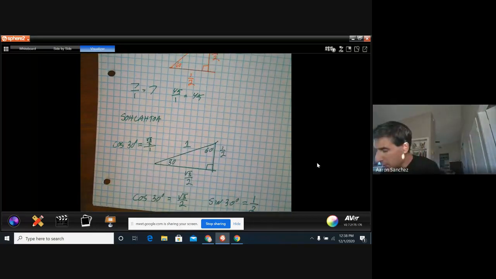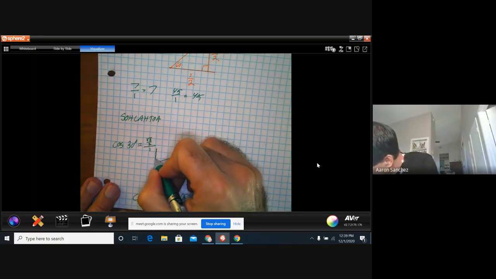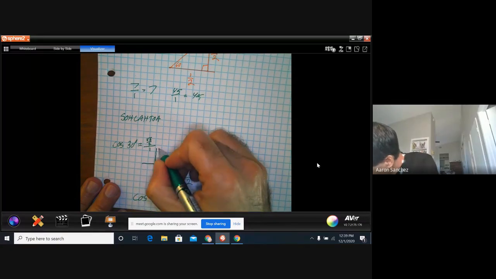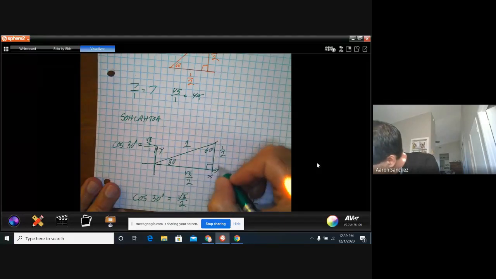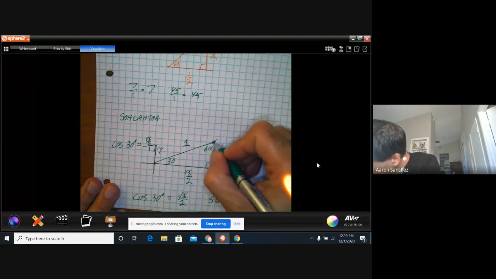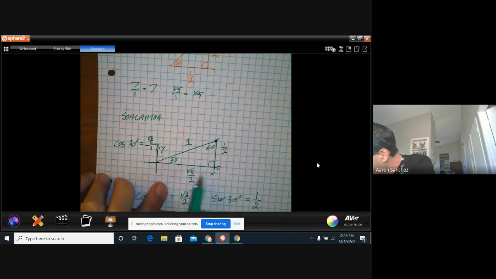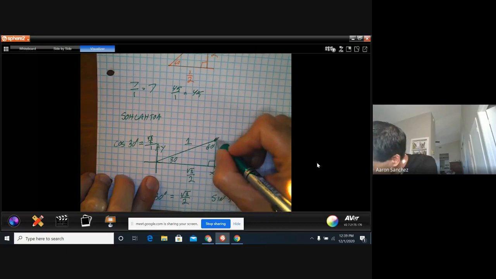Okay? So that's a key thing we have to know. The other thing is this. Imagine if this was a coordinate plane. This is y. This is x. Imagine this was an xy plane, and I go this far, root 3 over 2, and this distance, 1/2.